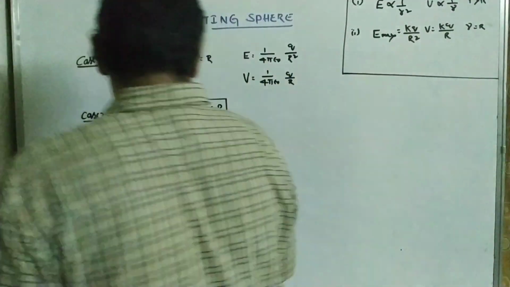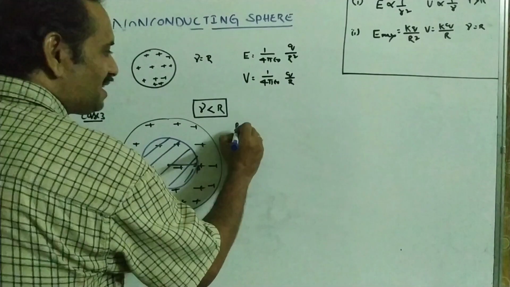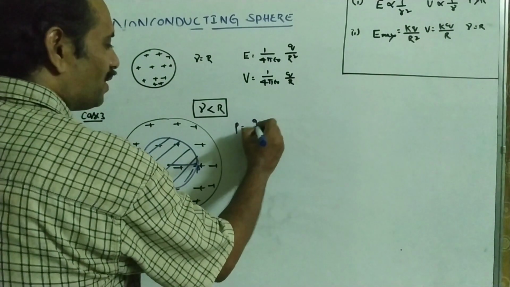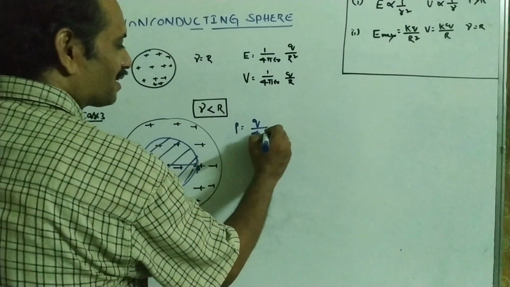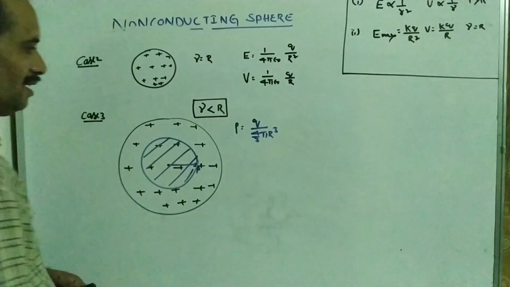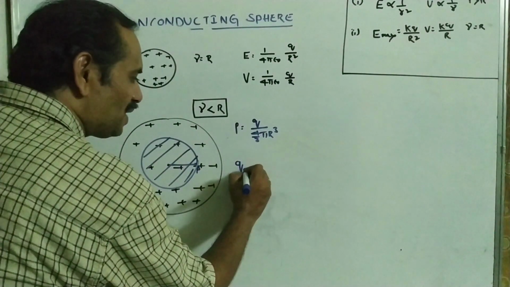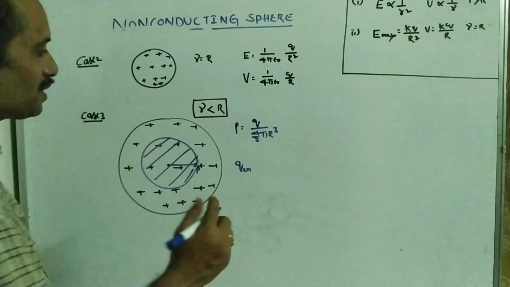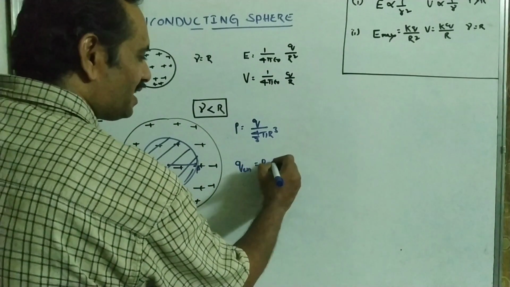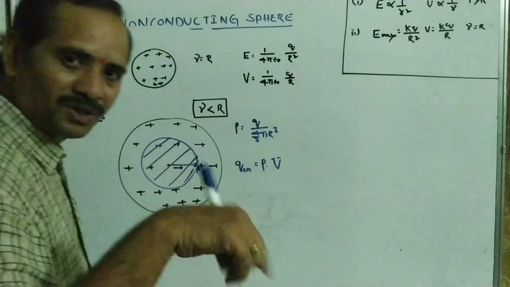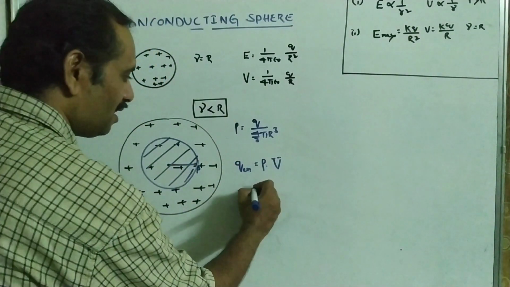Then density equals charge by volume, 4 by 3 pi R cube. I want to calculate the enclosed charge: charge density into volume of the Gaussian surface.